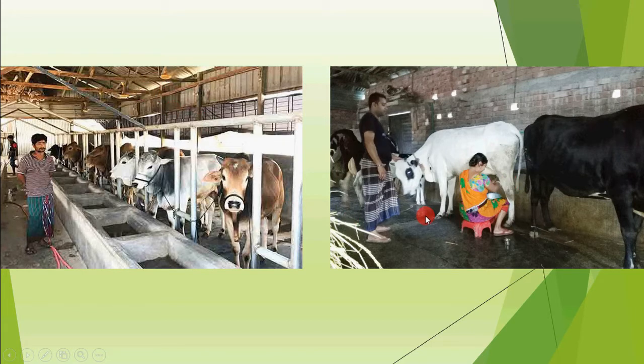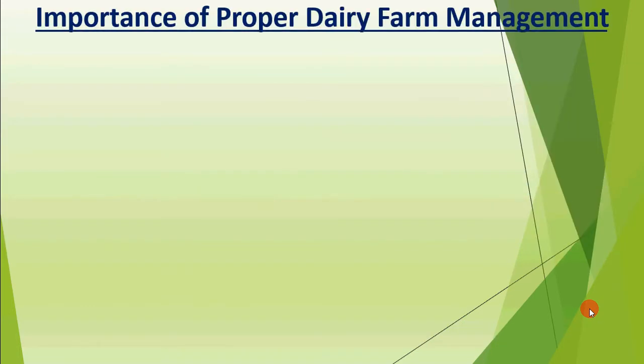The shade is made with tin, aluminum, everything. And here is the other picture, where you can observe manual milk collection in a dairy farm. But in our country as well, we use modern technology nowadays. Most commercial farms do not use this type of manual farming, but they use the commercial process which I showed you before.